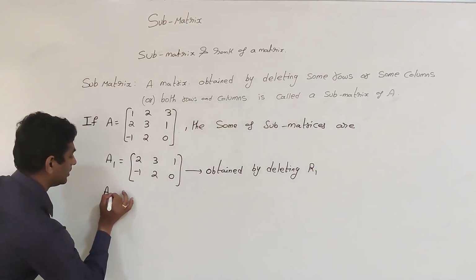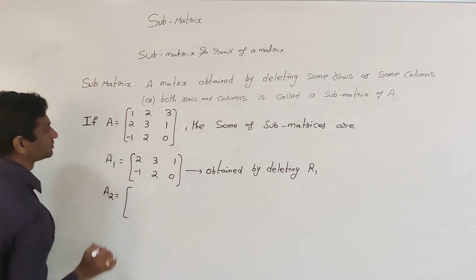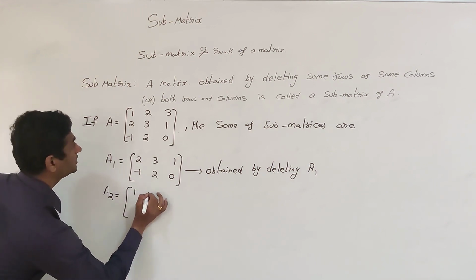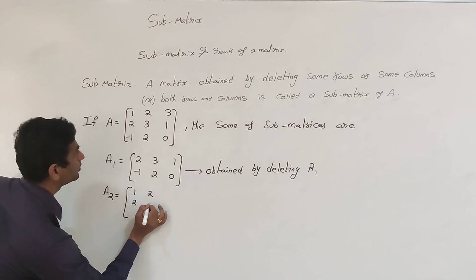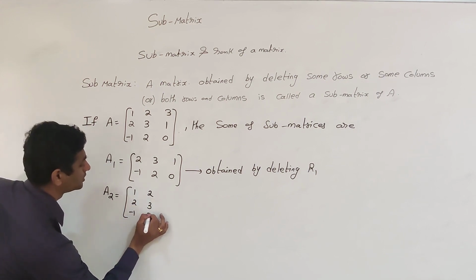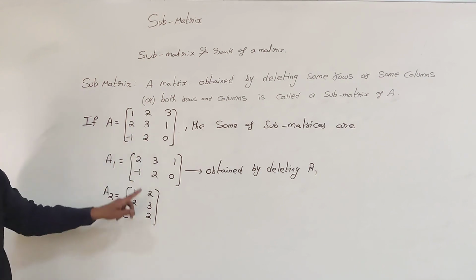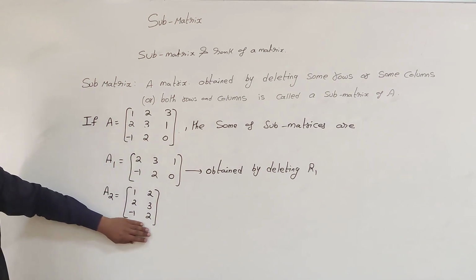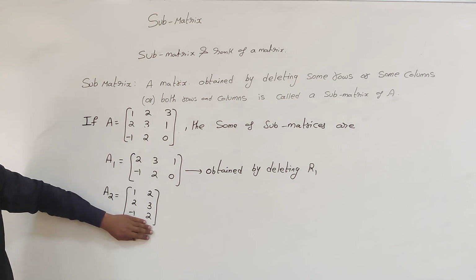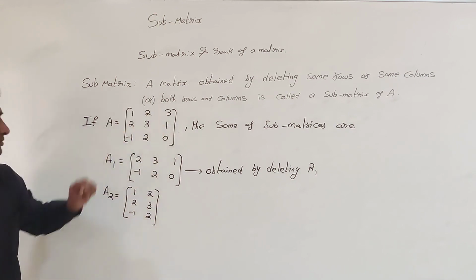Next, A2, 1, 2, 2, 3, minus 1, 2. These are the two columns left after deletion of column 3.